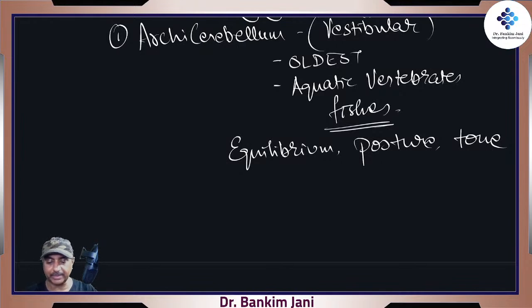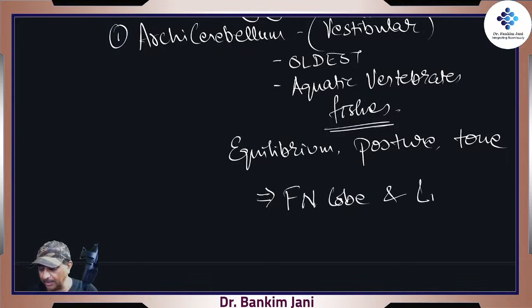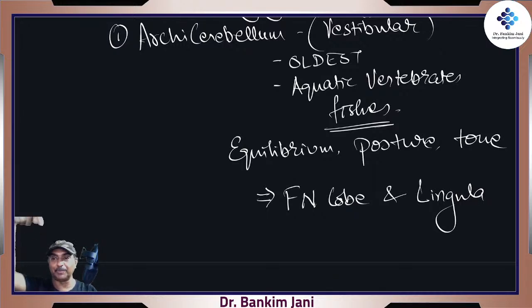All these things are handled by the archicerebellum. Basically it is the flocculonodular lobe, the last end, and the lingula, the beginning. Only those two ends were there, nothing in between. So this is the part of the archicerebellum.